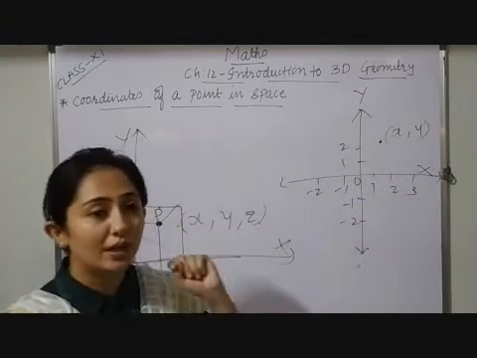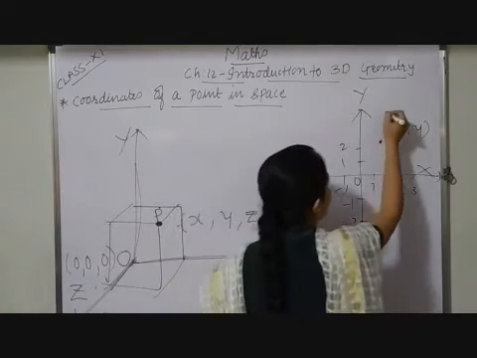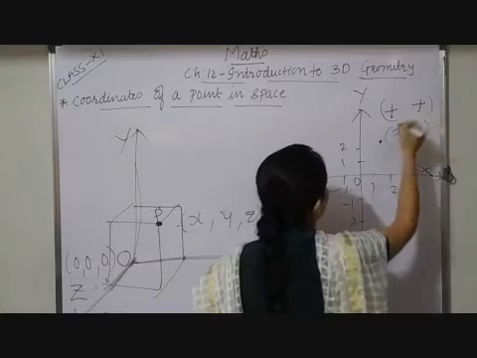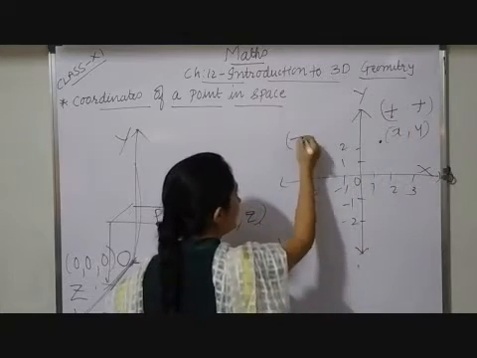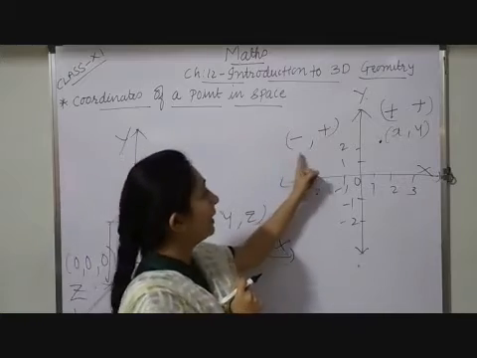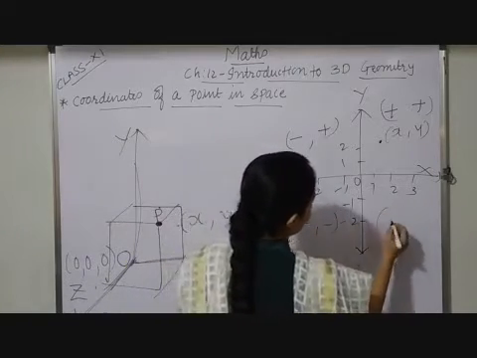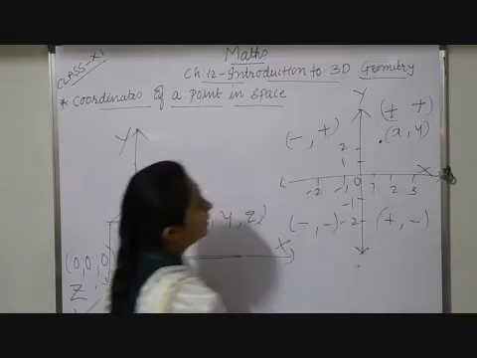So if I want to identify a sign of this position of a point, so will be obviously plus plus. Now observe, x-axis negative, y-axis positive. So its coordinate will get minus plus. This coordinate will get minus comma minus, and this coordinate will be plus comma minus.